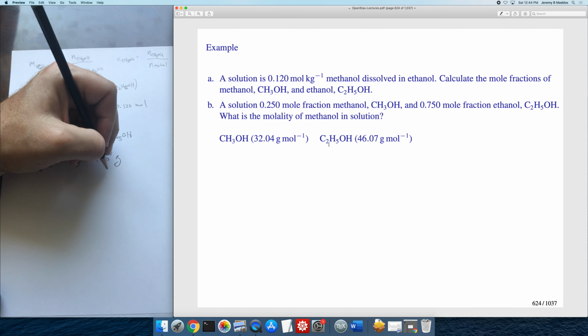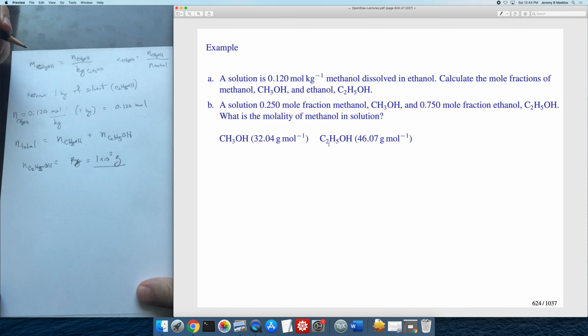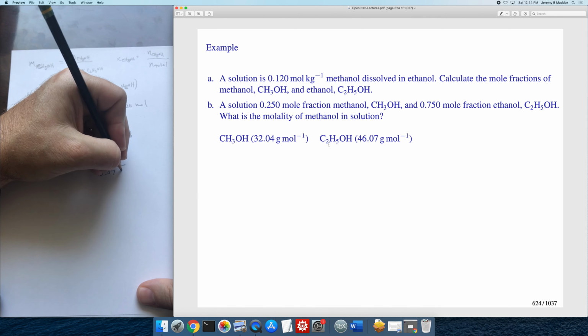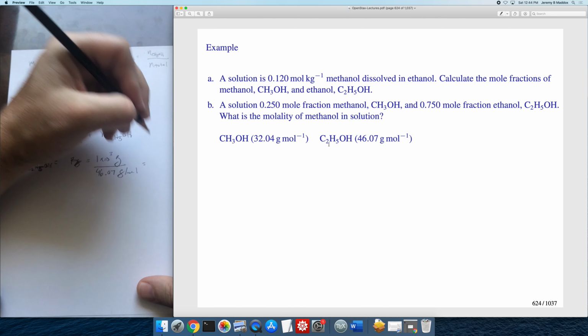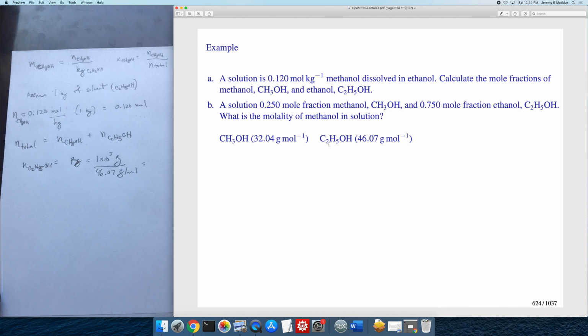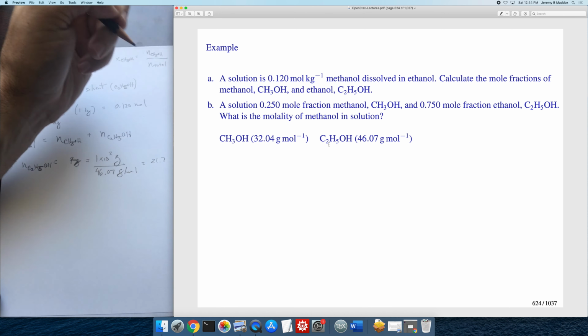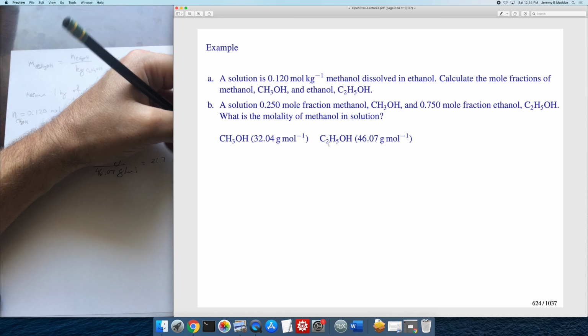And what are we going to do? We're going to divide by the molar mass, which is given to us as 46.07 grams per mole. So I'm getting 21.7 moles.